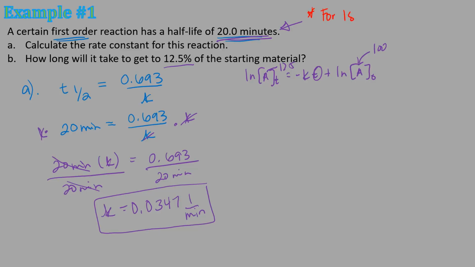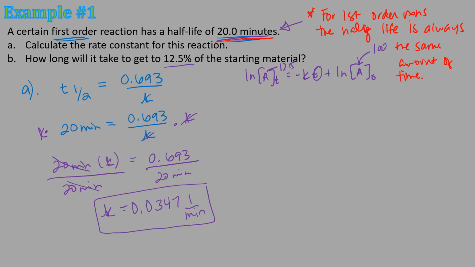For first order reactions, the half-life is always the same amount of time. So for this reaction, if it's 20 minutes for the first half-life to pass by, the second half-life is going to take 20 minutes as well because it's independent of concentration.